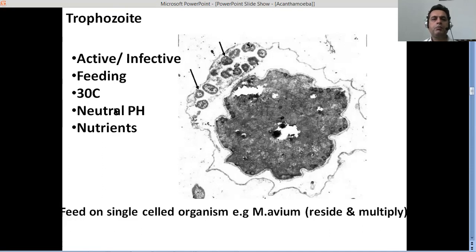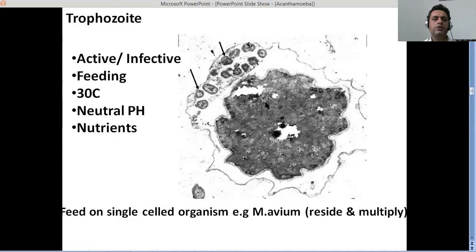The optimum temperature for the parasite to transform into this trophozoite form is 30 degrees Celsius. It requires a neutral pH, and it also requires nutrients.